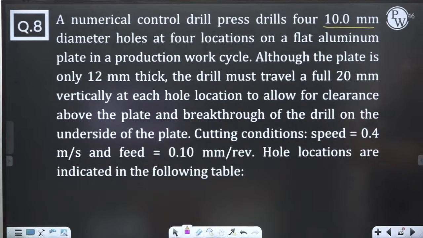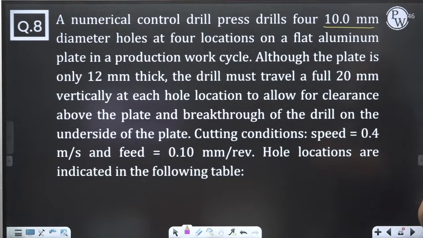4 10 millimeter diameter holes at 4 locations on the flat aluminum plate in a production cycle. Although the plate is only 12 millimeter thick, the drill must travel a full 20 millimeter vertically at each hole location to allow for clearance above the plate and breakthrough of the drill on the underside of the plate.